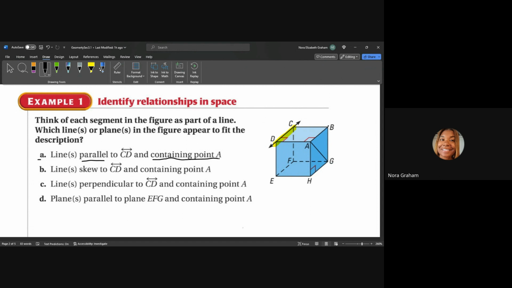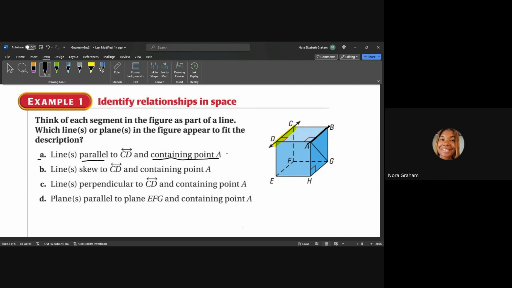First I want to list out all my lines that are parallel to CD, or we can say DC. It doesn't matter, you can change them around. All the lines that are parallel to CD, remember, parallel lines are non-intersecting lines that are coplanar. I see AB right here, right? They connect by this plane right here.